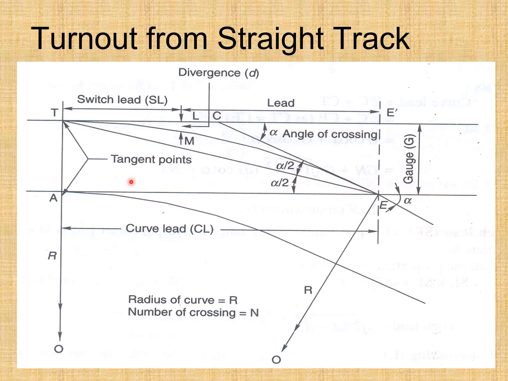So keep in mind that this distance is the switch lead, this distance is the lead, this is the curve lead, this is the crossing size, and this is the gauge. Here we are using N for the number of the crossing size, and R is the radius of the curve. Keep in mind that when we consider the radius, this is the radius up to the outer rail.